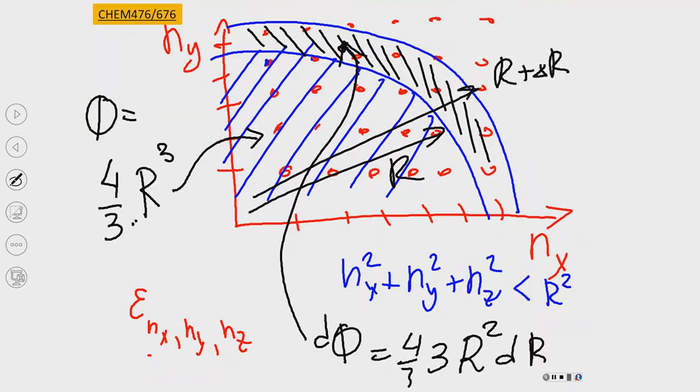And if you count the number of quantum states inside of this imaginary sphere, it will be the volume of a sphere.